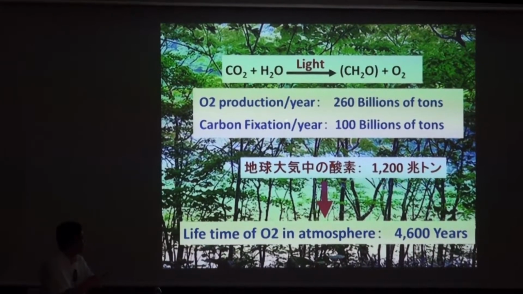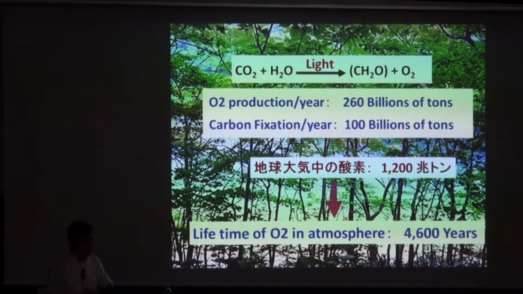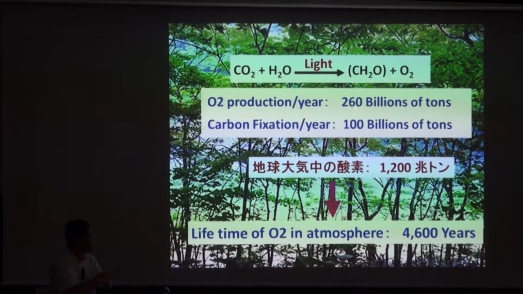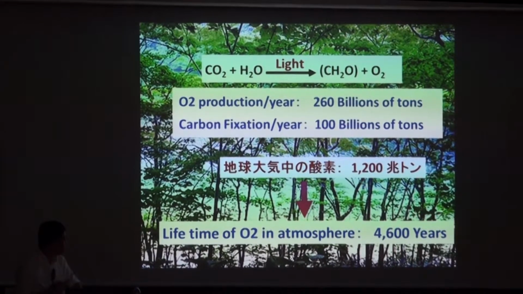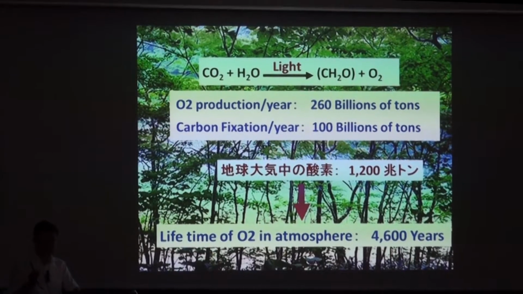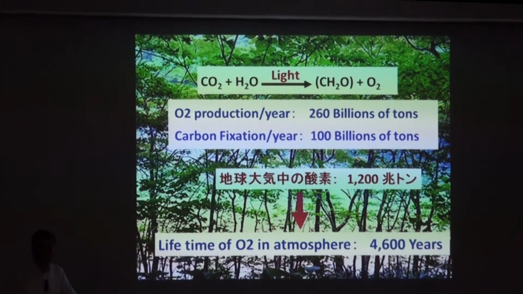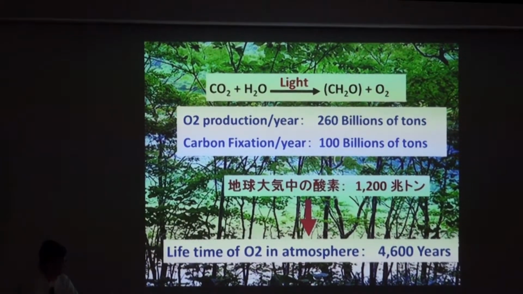So every year, the amount of oxygen produced by photosynthesis is estimated at this amount. So essentially, basically, all of the oxygen in the atmosphere is produced by this process.